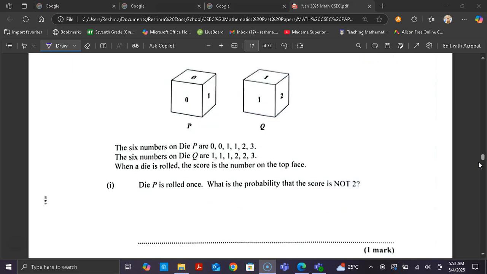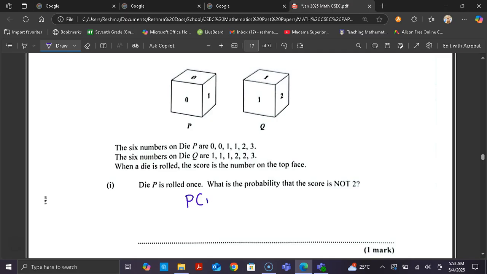So part 1, for 1 mark, die P is rolled once. What is the probability that the score is not 2? So in symbols, the probability that the score is not 2 would be 1 minus the probability that the score is 2.